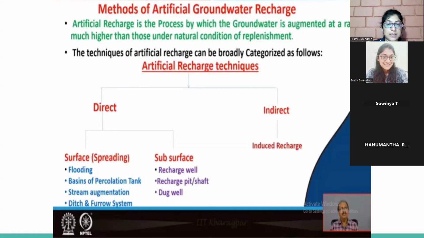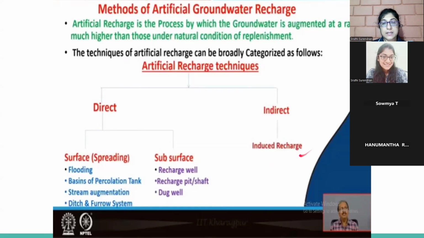Under direct method, there are methods that involve recharging using surface methods and methods in subsurface. So in surface, these are the options: flooding, basins of percolation tanks, stream augmentation, ditch and furrow system. And in subsurface, you have recharge wells, dug wells, etc.